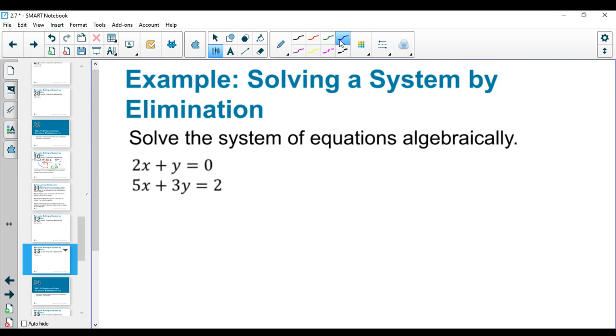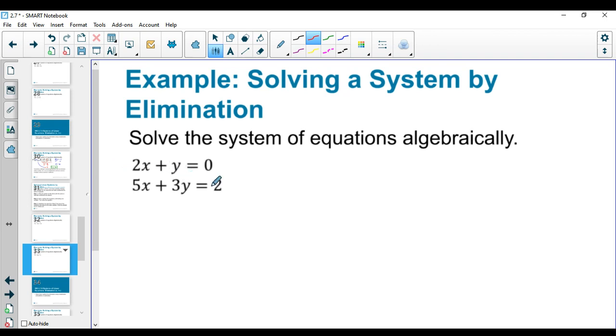right? And now, again, neither of these match, and it's hard to get 2 to match with 5, but I can get y to match with 3y if I multiply by 3, right? Now, I'm also going to give you guys a bonus tip here.